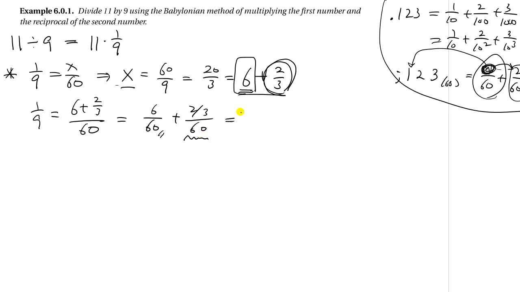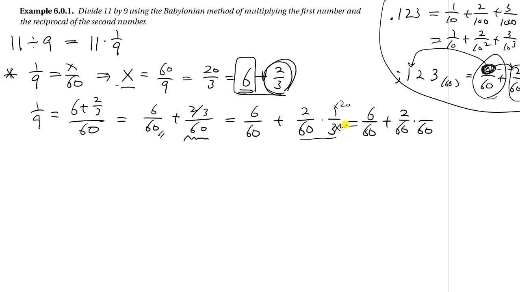So that is 6 over 60 plus 2 over 60 and 1/3. But we want 60 squared for the base here. So let's change this one to 60: 6 over 60 plus 2 over 60 and make it 60 because we need 60 squared here. Then how much do we need? Multiply by 20 for numerator and denominator.